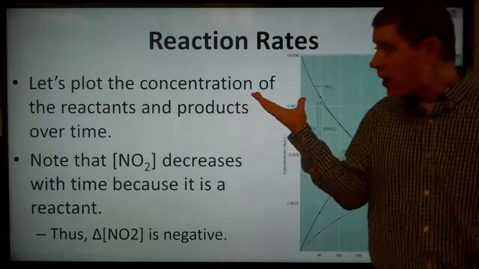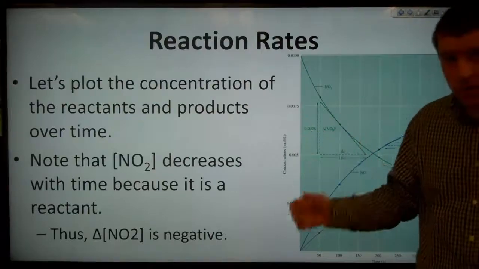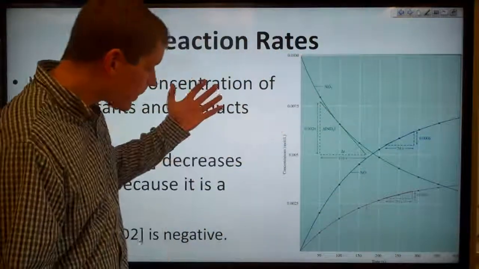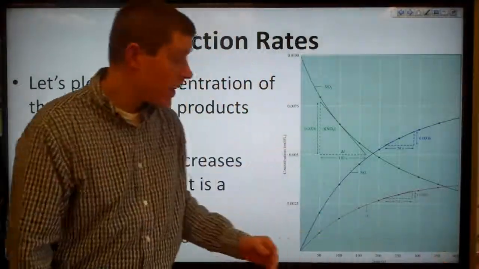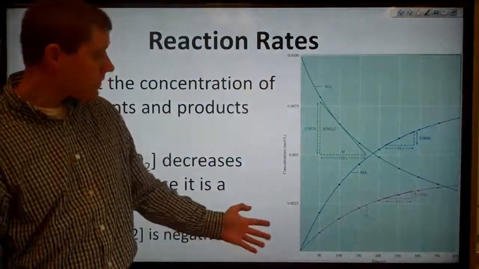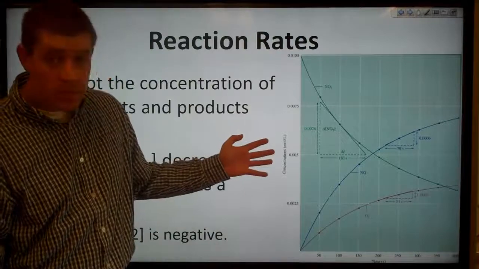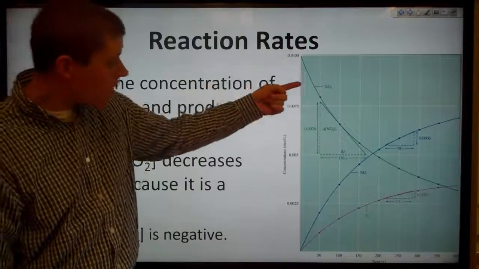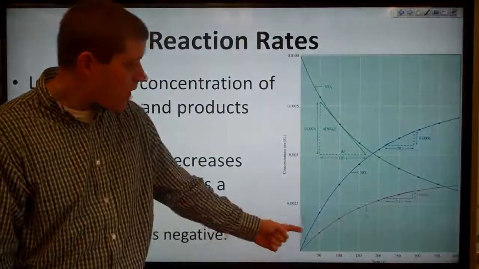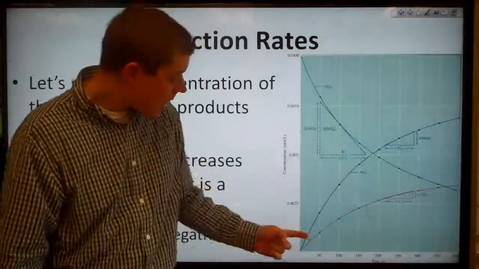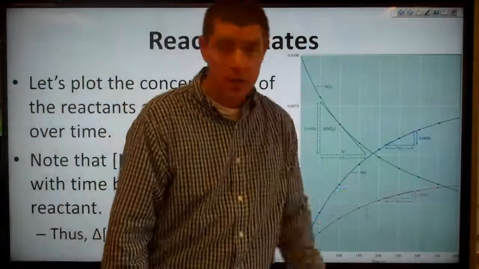So let's plot our concentrations of the reactants and products over time. We'll do that over here. You can see that we have time on the bottom axis, the x-axis, and concentration on the left axis. Over time our NO2 concentration is dropping, our NO concentration is increasing, and our O2 concentration is increasing.